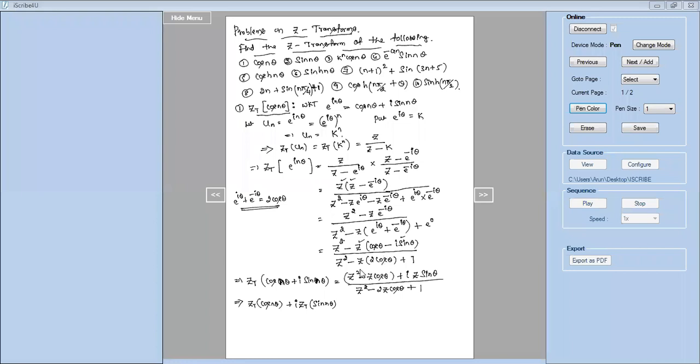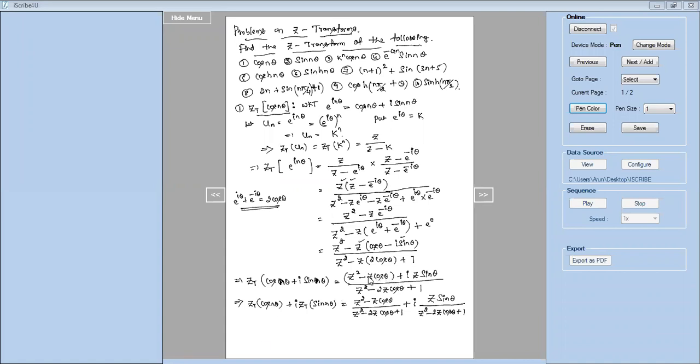The right hand side, if I split, the real part here is z square minus z cos theta divided by the denominator, that is z square minus 2z cos theta plus 1, plus the imaginary part, it is I into z sin theta divided by the denominator, it is z square minus 2z cos theta plus 1, right?